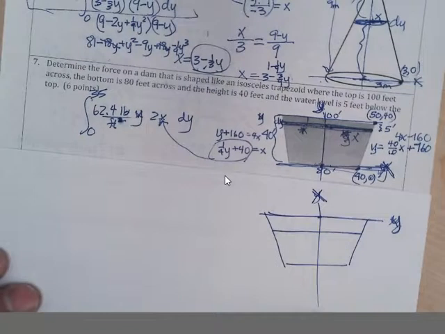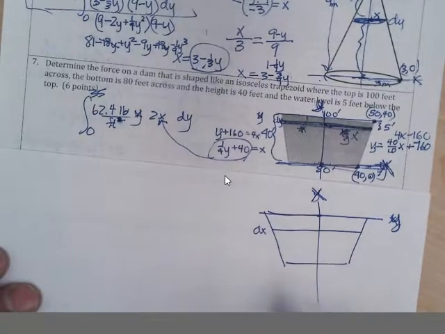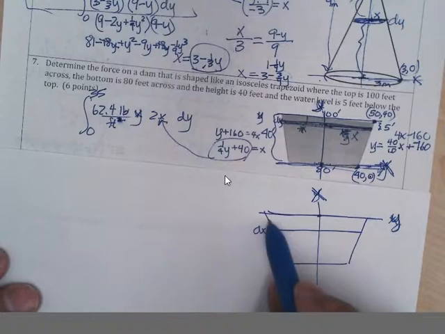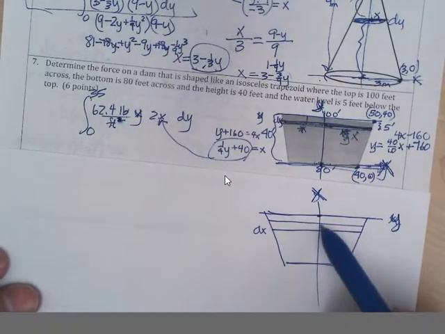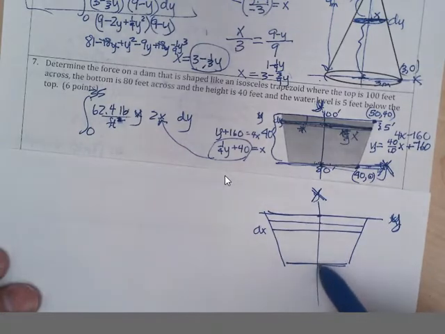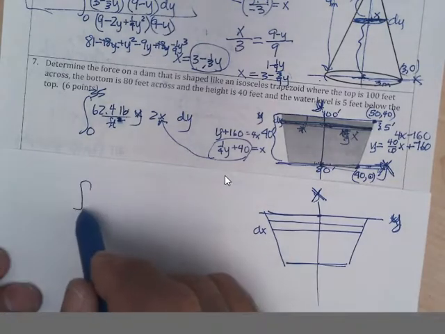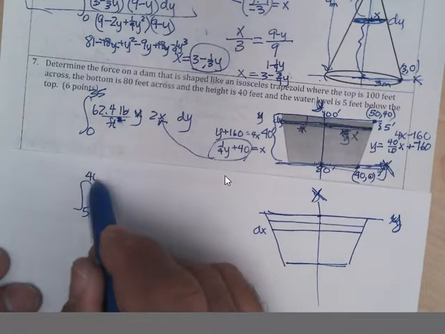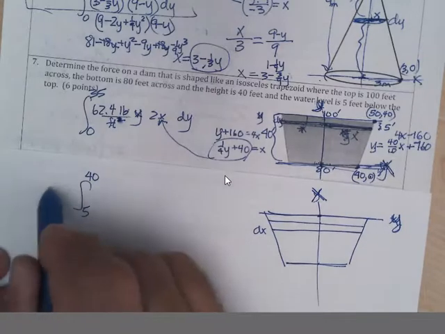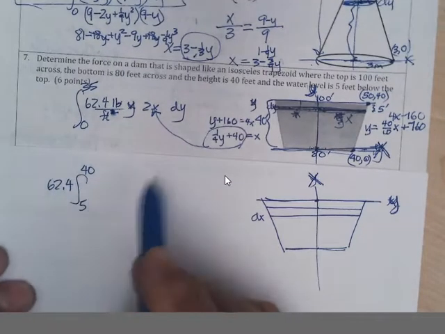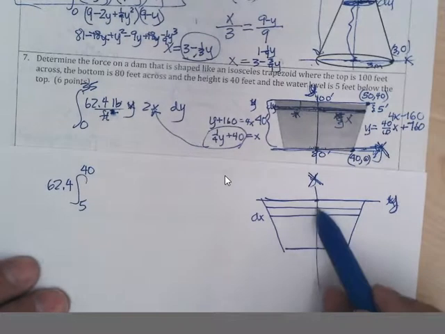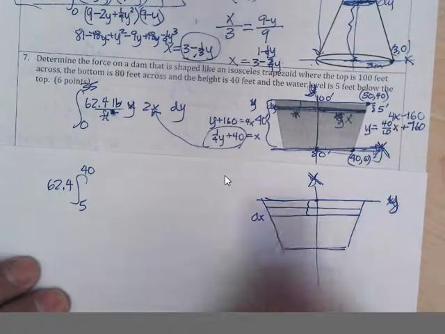If this is x, this is dx. And we're going to have x go from, if I put it here, it's going to start at 5 and go to 40. And it's going to be the 62.4 times the depth it's at, which is going to be x.